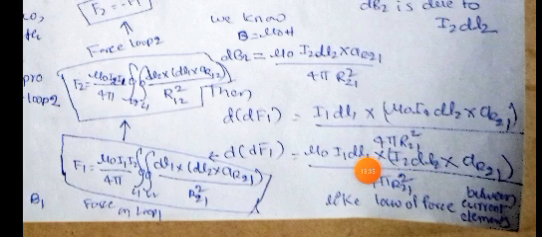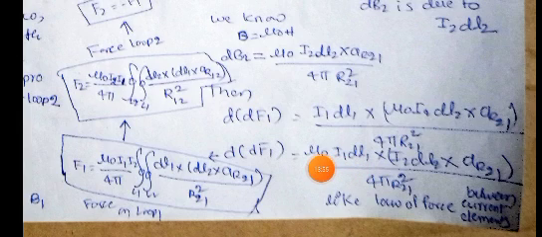It is just like the law of force between two elements, just like Coulomb's law, Q1 Q2 by 4 pi R square. This formula looks like Coulomb's law formula.